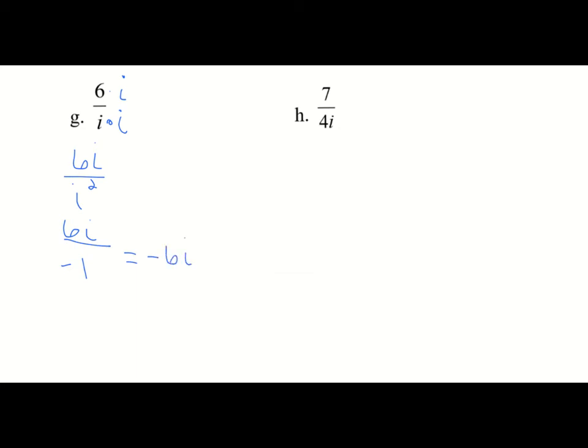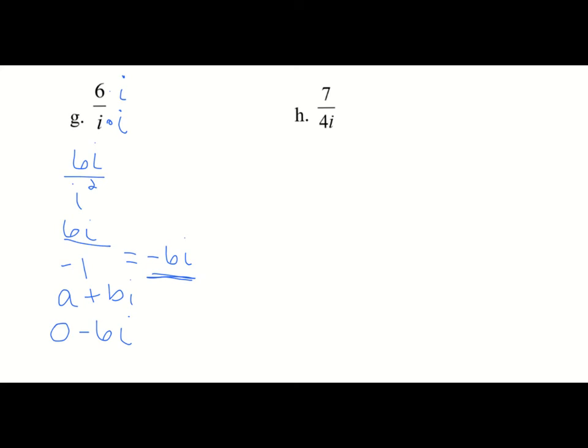Now, we don't have a real number part to this problem, but if they want it in complex form, they want it in the a plus bi form. If they ask for it that way, a is 0, so we'll just put 0 minus 6i. Again, some places they'll take negative 6i. Other places, if they want complex form, you'd have to add that 0 in the front. So that's a good thing to look at and know.